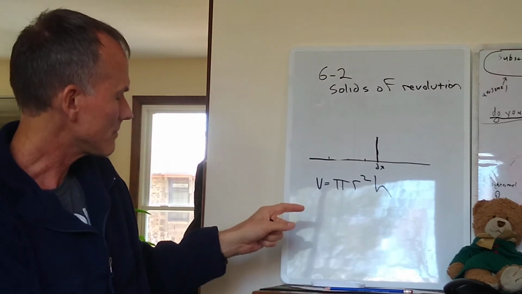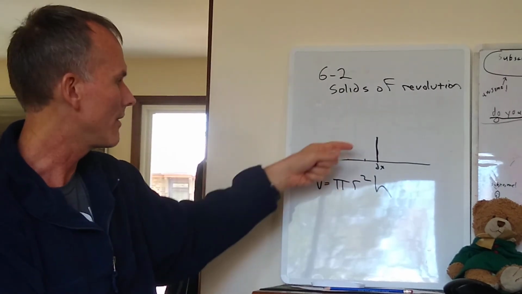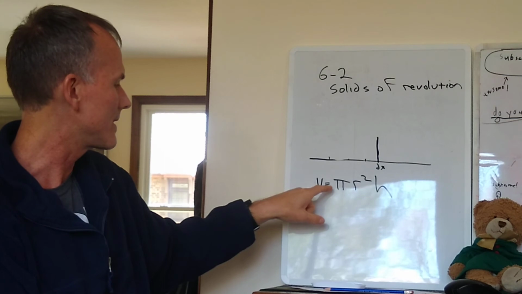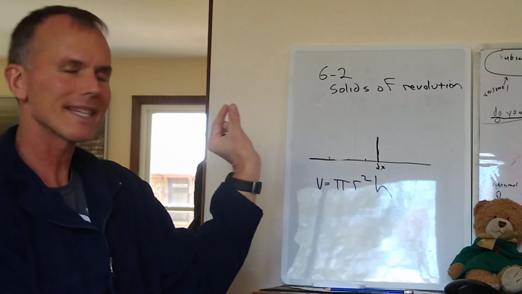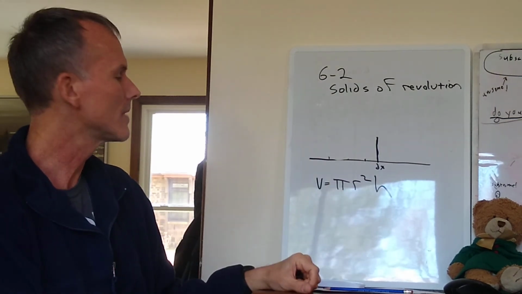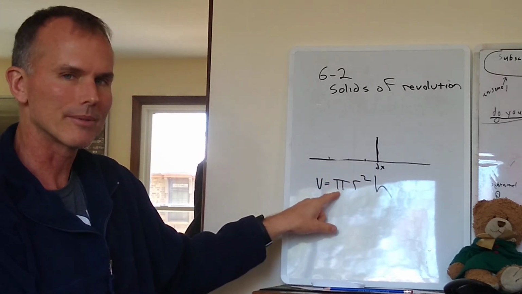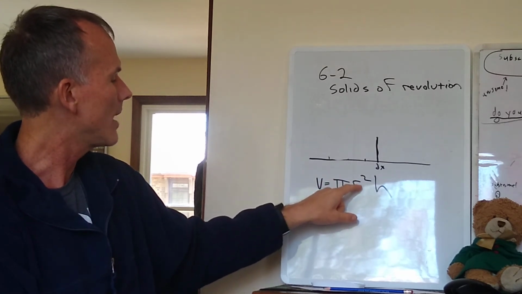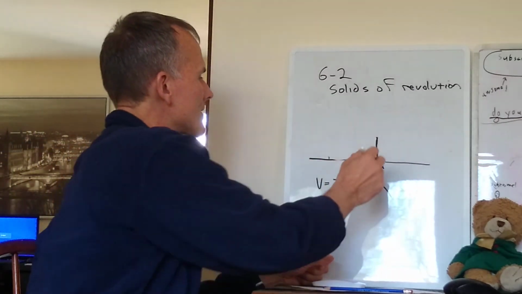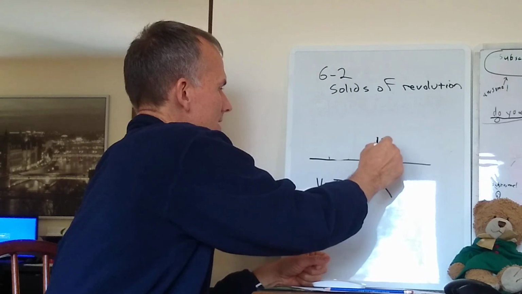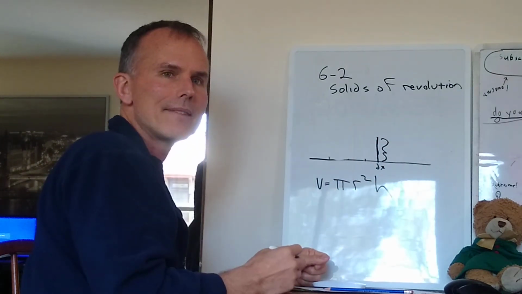Now, the area of the circle created when we spin that around is going to be pi r squared, and then we take that times the height, which is dx. So let's talk about the area. The pi is just going to be a pi. But the radius of the solid created is just going to be whatever this is right here, right?